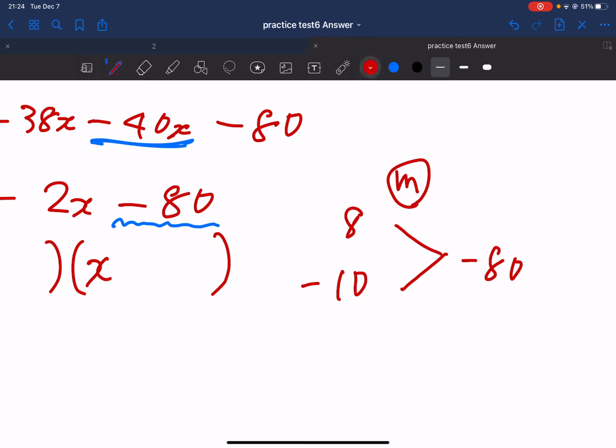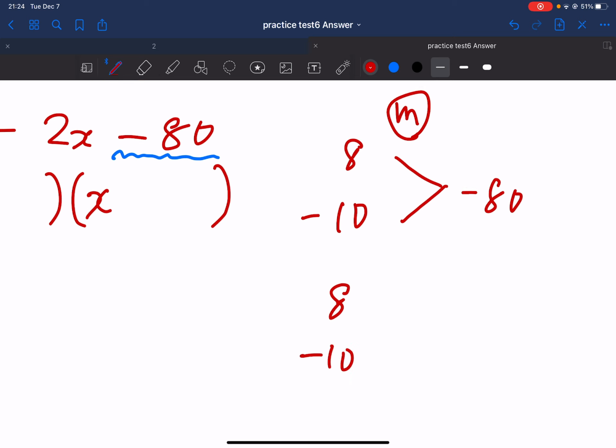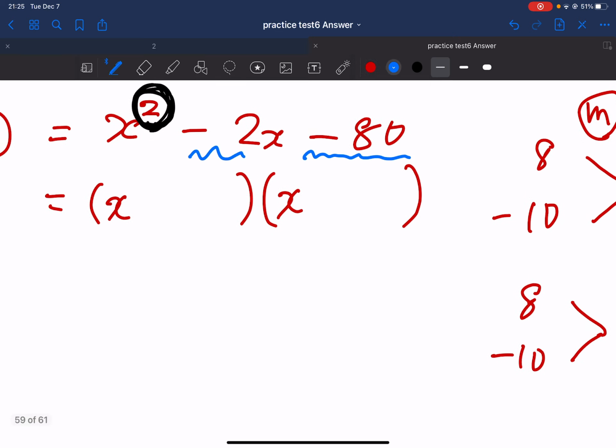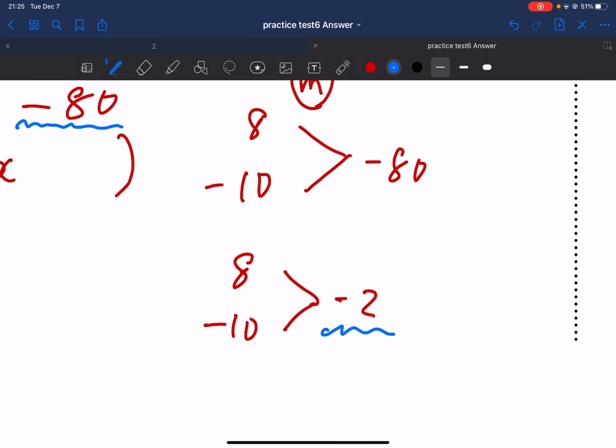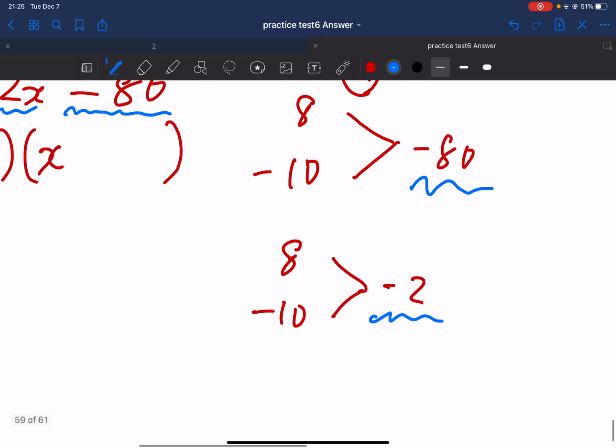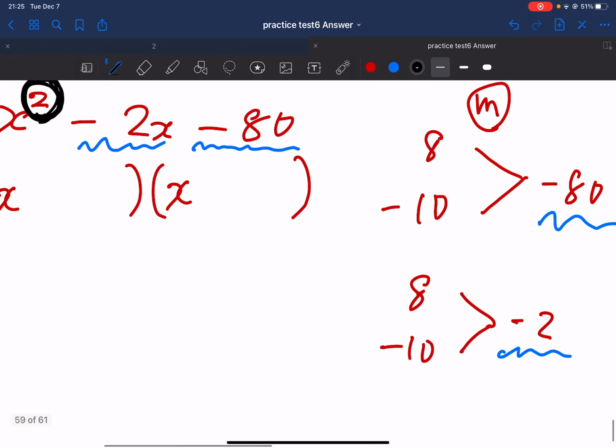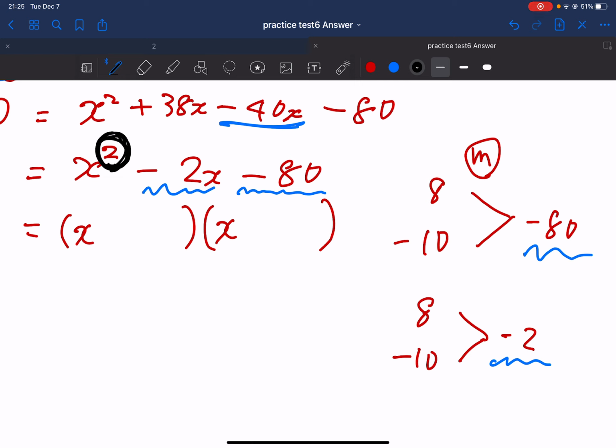And then let's add these together. 8 plus negative 10 becomes negative 2. Yes, we have it. So that's it. So the two solutions are either negative 10 from here or positive 8 from here.